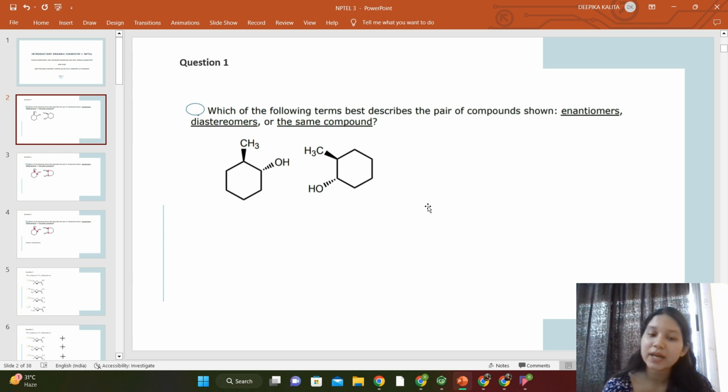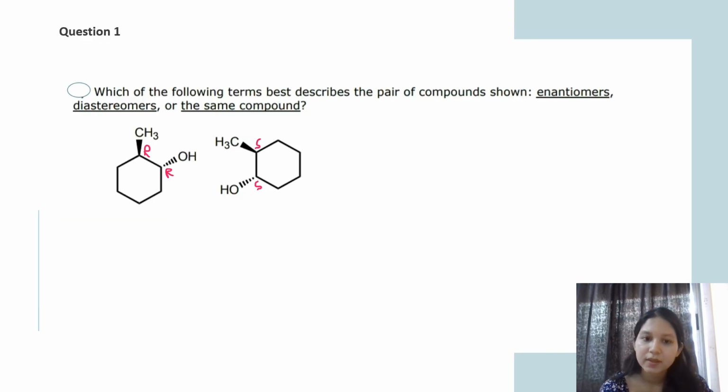And for that, we assigned the asymmetric carbons present in both the molecules, whether they are R or S, and we found that these two molecules were having RR and SS configurations, and hence they were termed as enantiomers.